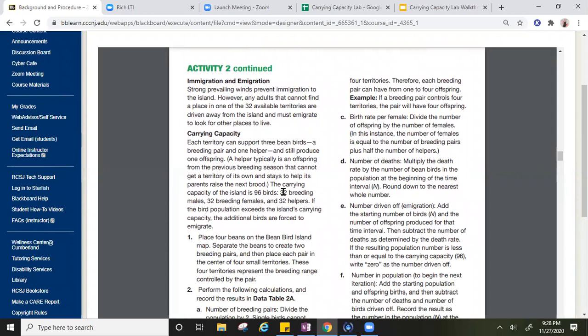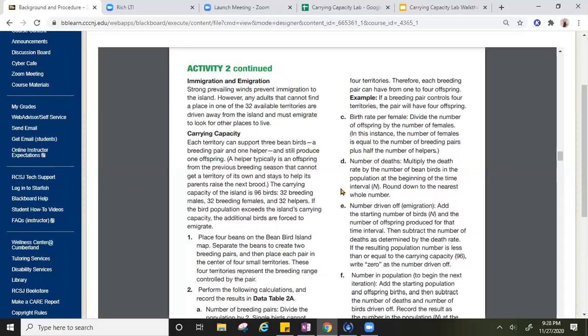And the thing is, you can have a breeding pair and they're allowed to have, in addition to having offspring, a helper come along. So there can be a bird on the island that is designated as the couple's helper. And that helper is allowed to be there. So your carrying capacity completely is 96.